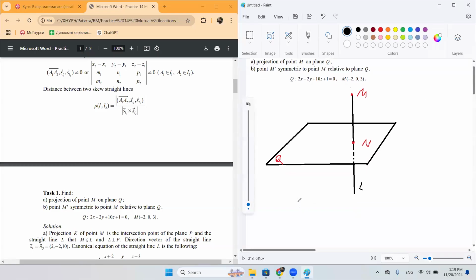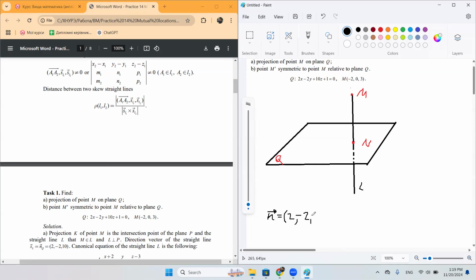Direction vector. Yeah, and how to find it? We have it from the plane Q: 2, minus 2 and 10.